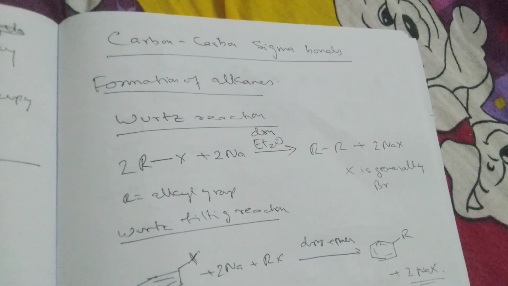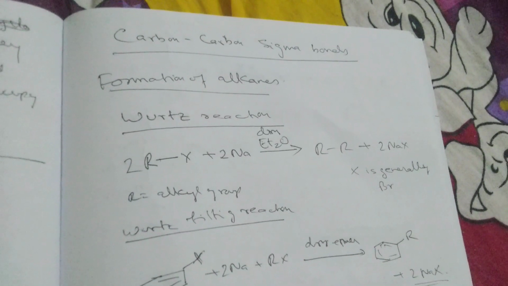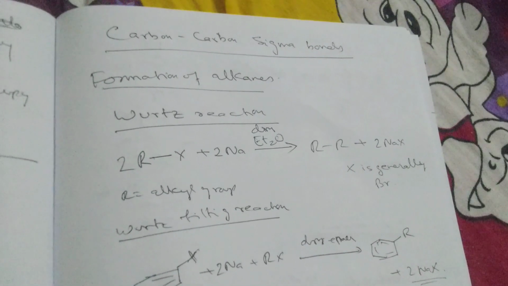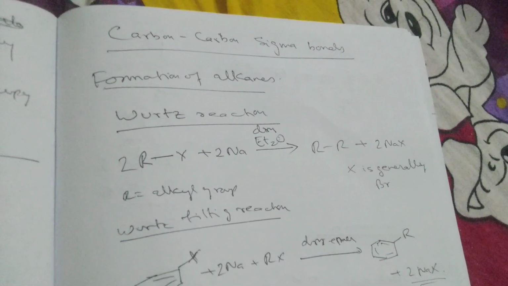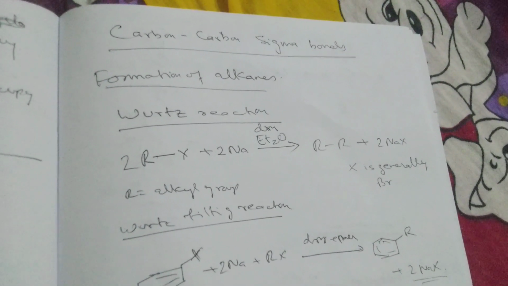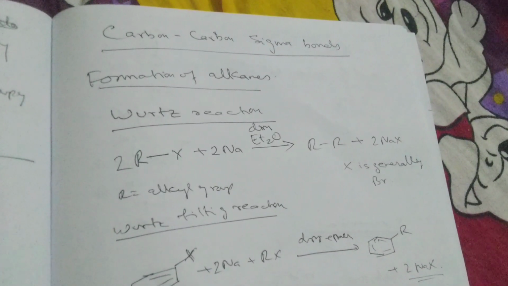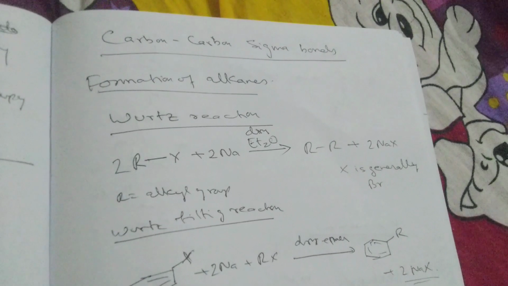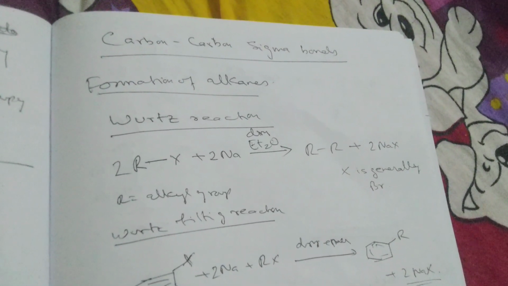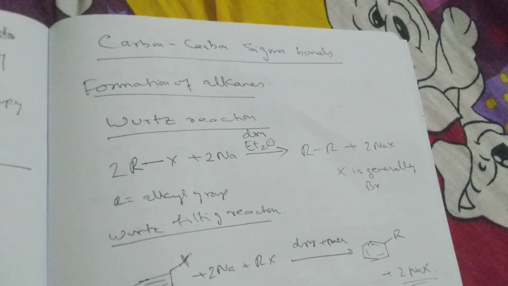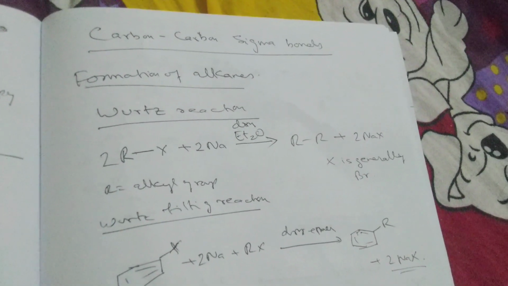Glucose stores much more energy, then more than glucose, starch will store energy, and more than starch, cellulose will store energy. And as soon as you oxidize, when glycogen becomes glucose, it releases energy. When glucose becomes carbon dioxide, it further releases energy. So whenever oxidation is happening, energy is released.